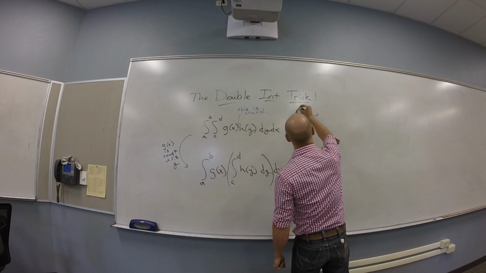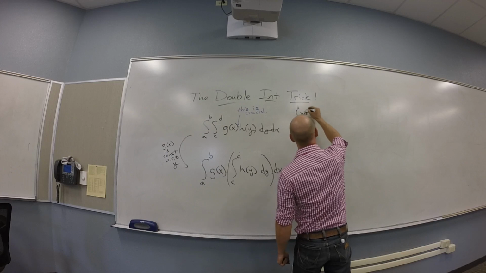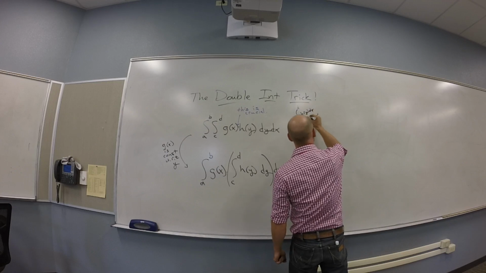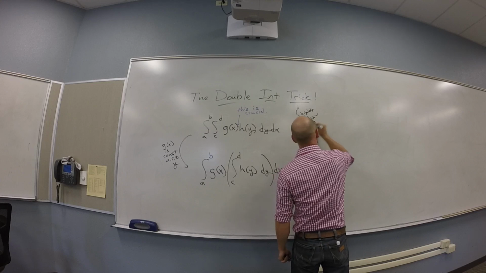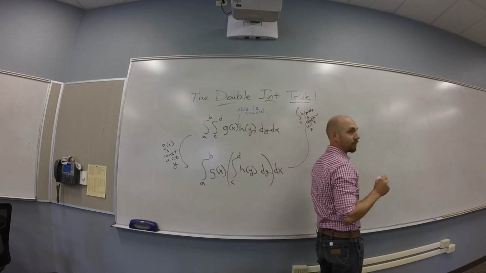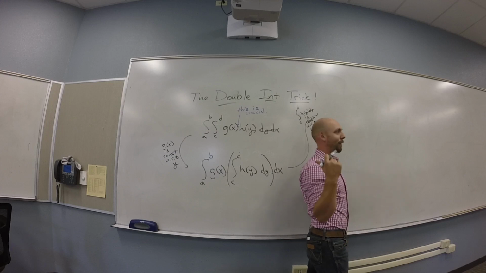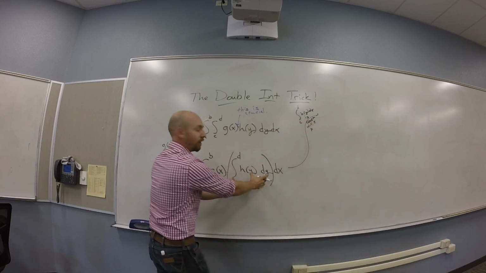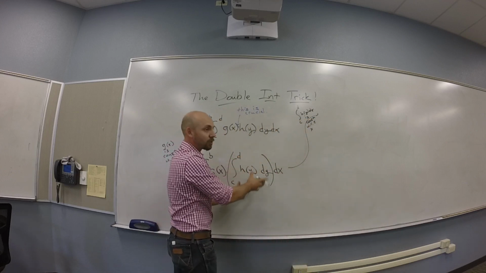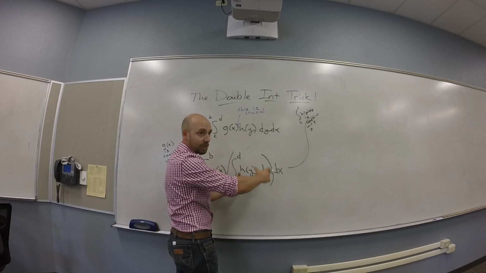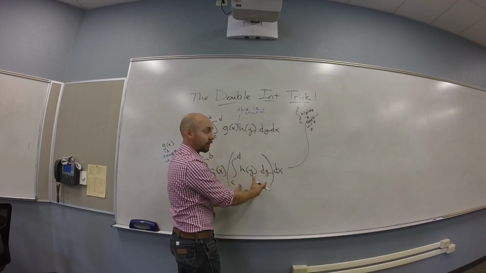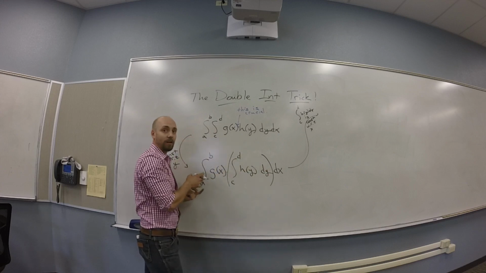So this whole thing, integral from c to d of h of y dy, is constant with respect to x. So you can factor that out. You guys see that? Like this whole thing may as well be a number because it is. Right? Categorically, when you're done with this, it's a number. So you can drag it up front.